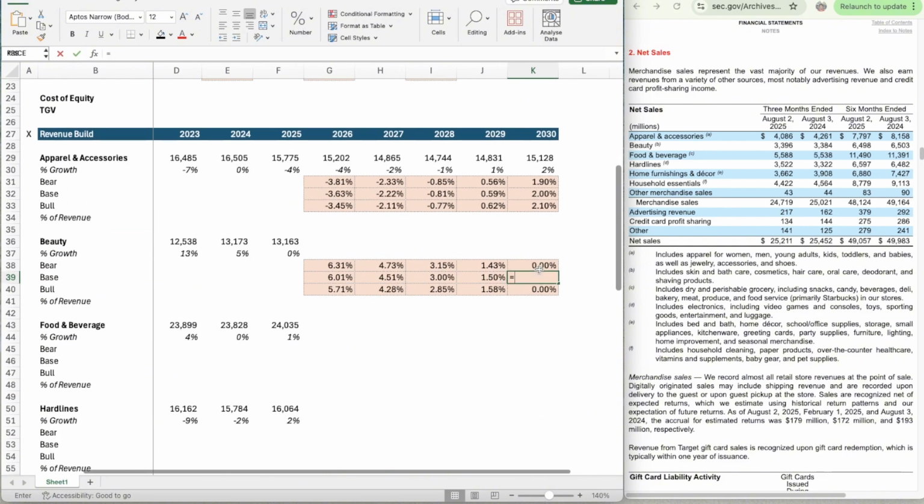G10. I guess really what we should have done is researched how well the beauty industry is growing, and then put it closer to that.